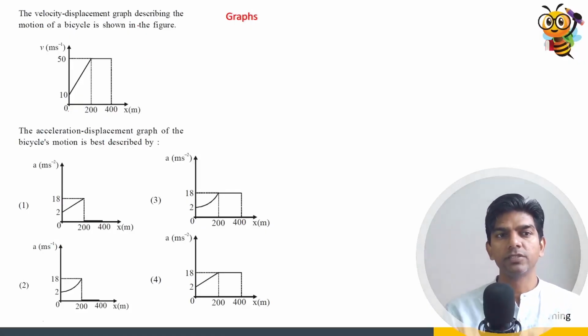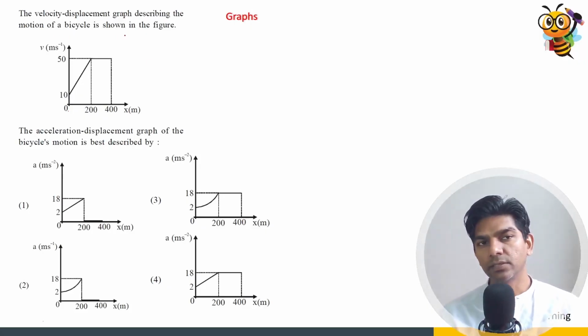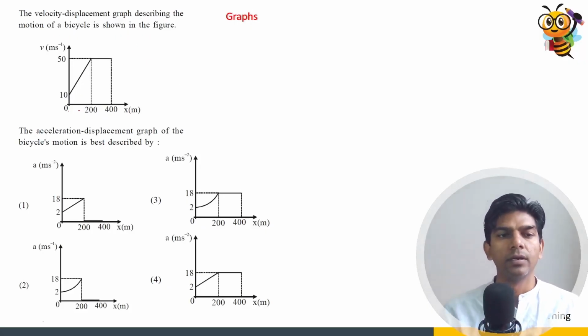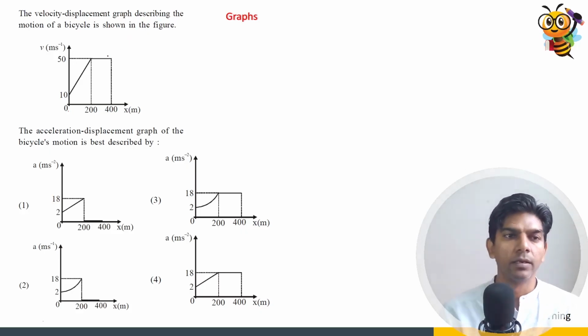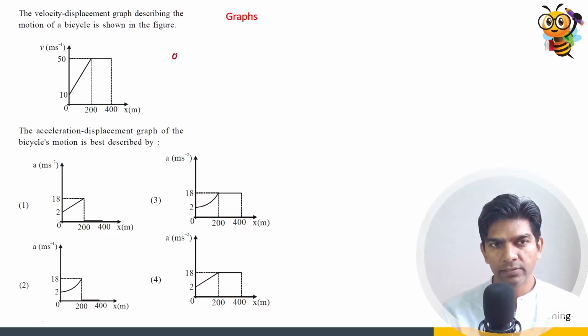The velocity displacement graph describing the motion of a bicycle is shown in the figure, and we have to find the acceleration displacement graph. From this we know that acceleration is v dv by dx, right?